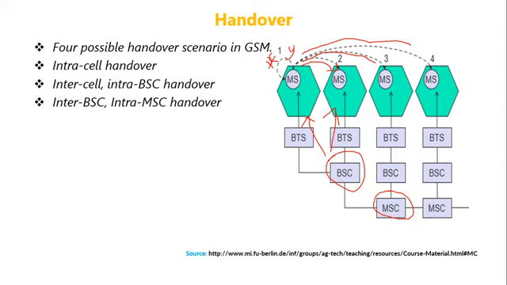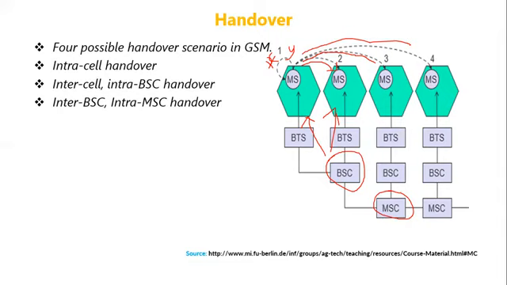These measurement reports are sent about every half second by the mobile station, and it contains the quality of the current link used for transmission as well as the quality of certain channels in the neighboring cells. So the point is that when the handover should be done should be identified.